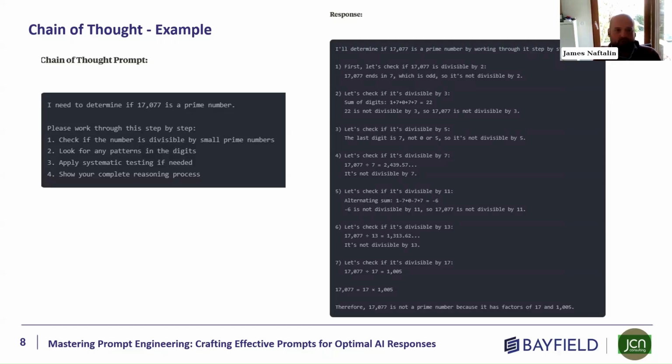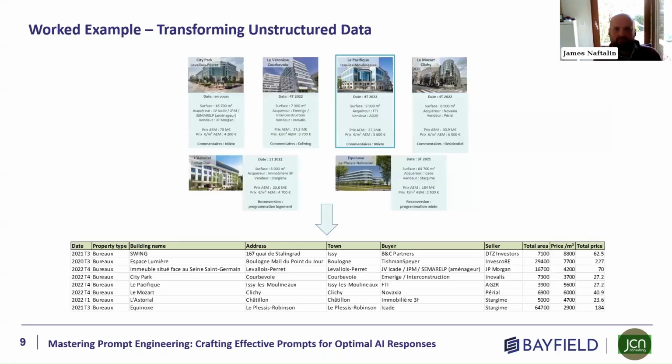So I'm now going to give you an example of how I use large language models for real estate purposes. This is an example where I do it programmatically rather than using a prompt on a web interface, but the principles are the same.